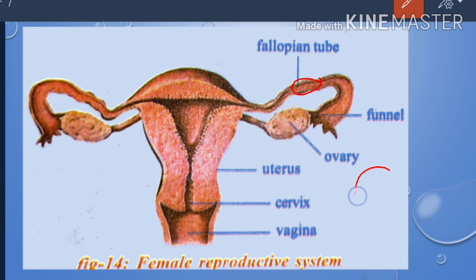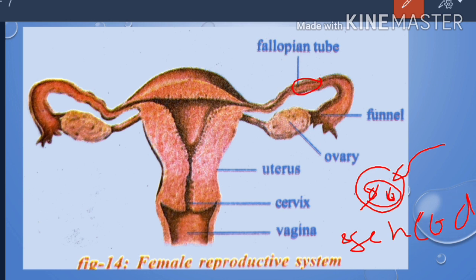Whenever the sperm enters into the ovum, before fusing of both nuclei, the ovum undergoes the second phase of meiotic division. Then after that the ovum and sperm will be fused. That means fertilization is over. After fertilization, the ovum will be called a zygote.